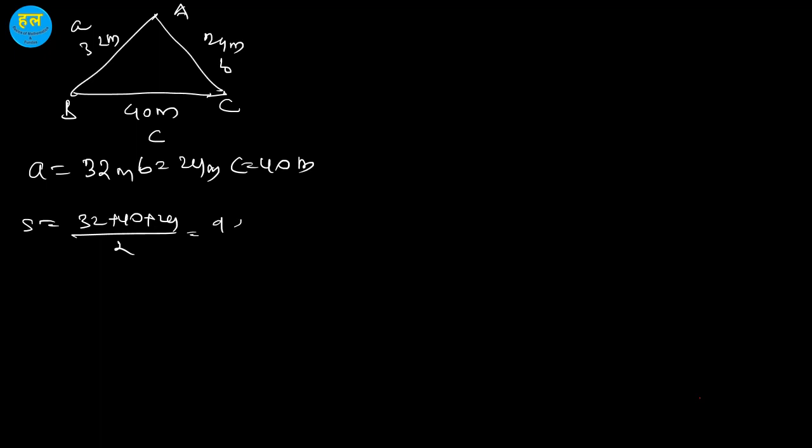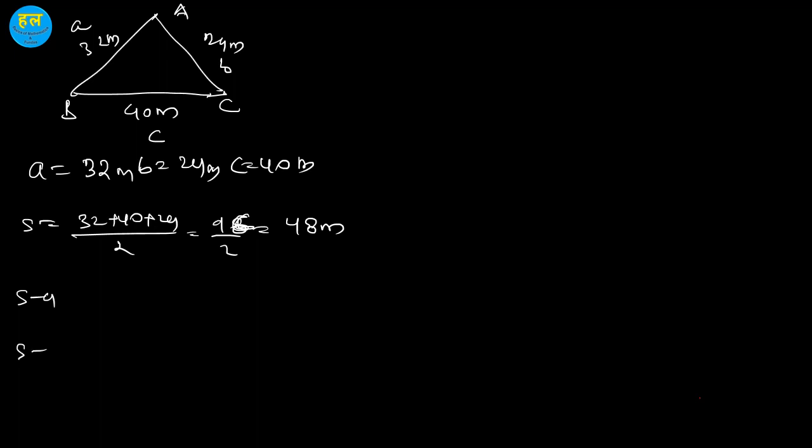First of all, we'll name a equal to 32, b equal to 24 and c equal to 40 meter. First we'll find s. S is equal to the sum of all the sides, that means 32 plus 40 plus 24 divided by 2, is equal to 96 divided by 2, is equal to 48 meter.